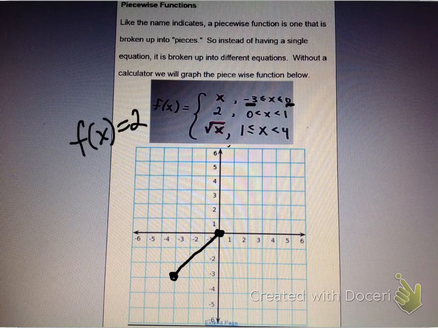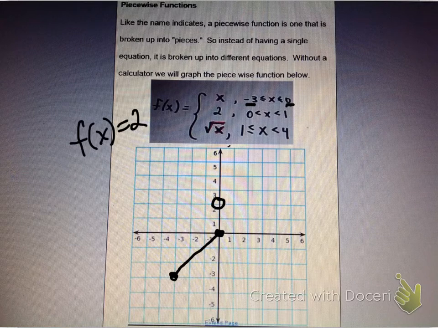Okay, I erased what we had earlier, when we were graphing f of x equals x. So now we're going to deal with f of x equaling 2. Same thing, we're going to plug in 0 for x, and when we do that, we're going to get out 2. And we are going to be open though on 2 because it's less than.